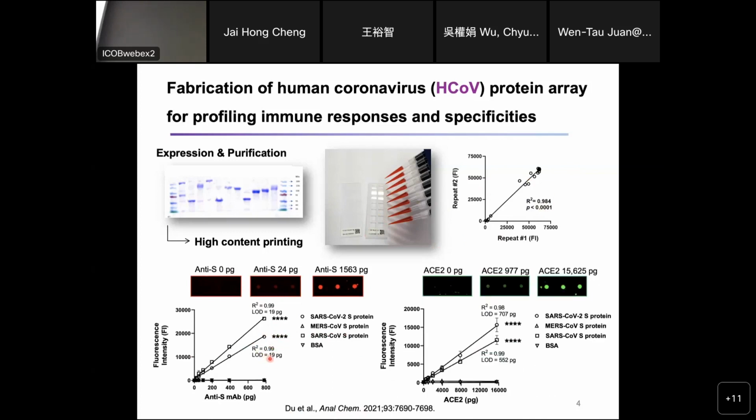And later on, we wanted to show the proteins on the array are functional and the conformation is correct. So we used the host receptor called ACE2, and it shows dose-dependent binding, and the LOD is around 700 picogram. So this shows the detection platform is quite reliable and sensitive.